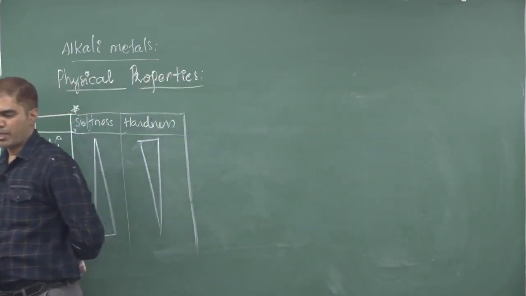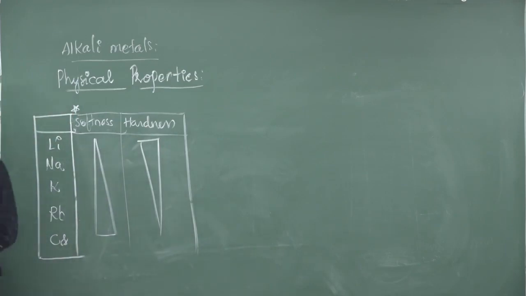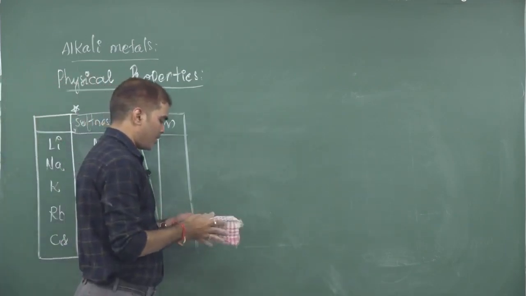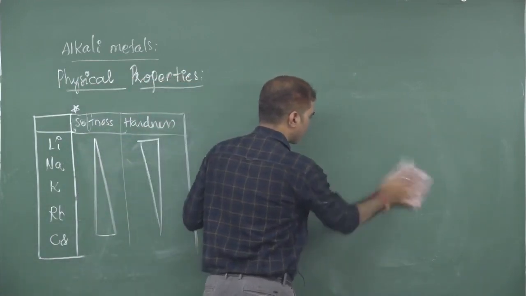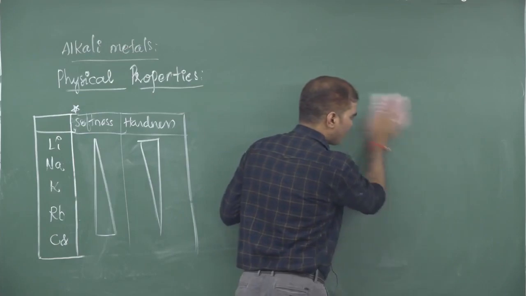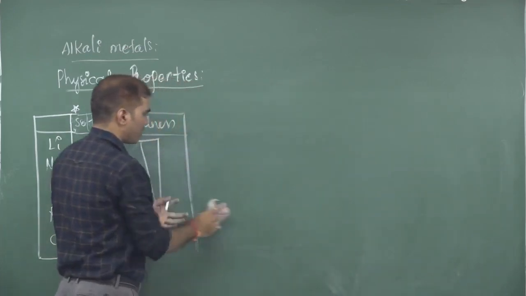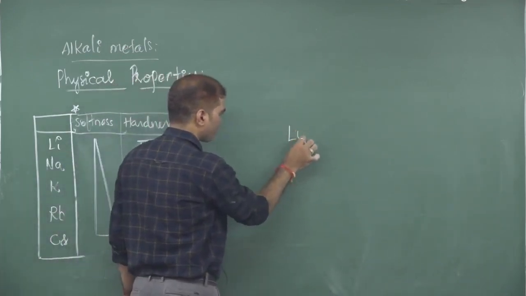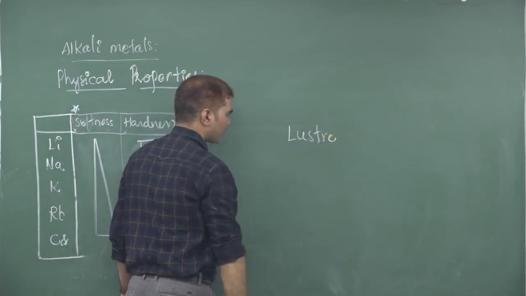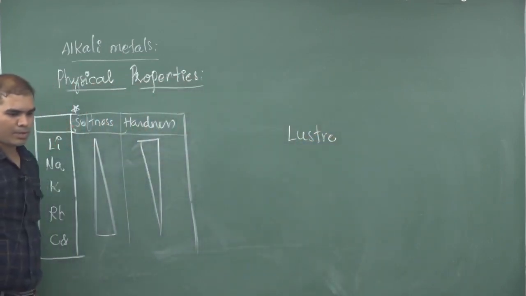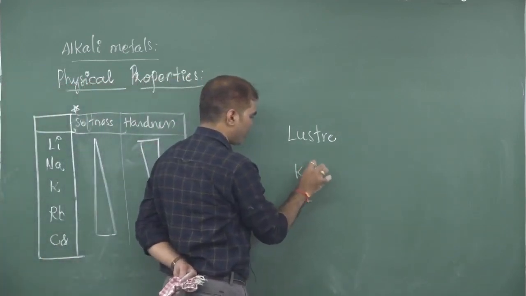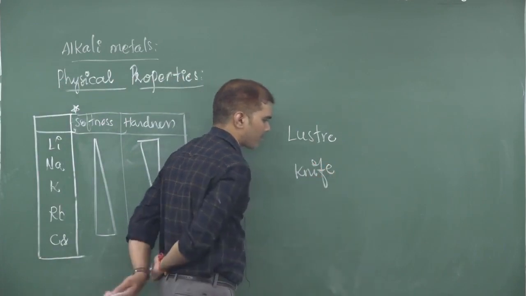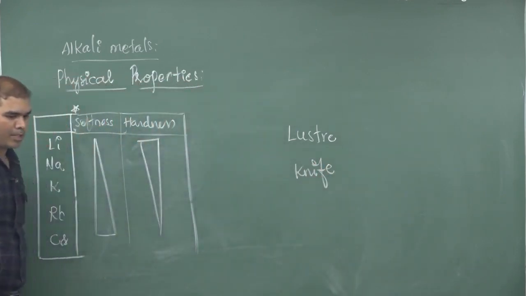All 1A group elements are soft metals. They are so soft that they can be cut even with a knife.